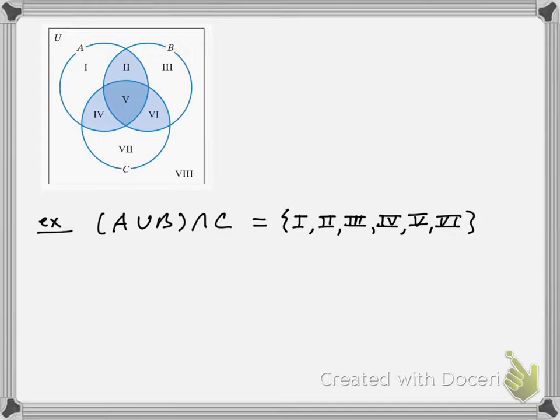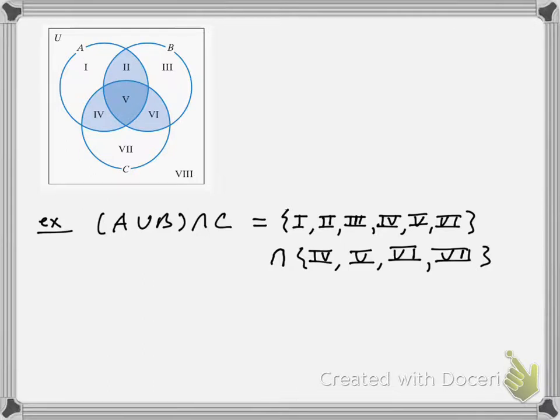Okay, we're going to intersect that with the region C, which is region 4, 5, 6, and 7.